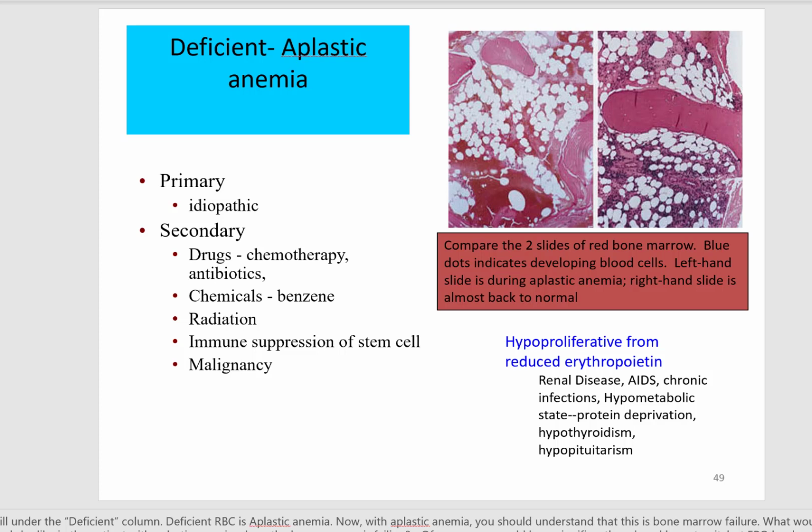When it's primary or idiopathic aplastic anemia, it is bone marrow failure. Maybe there's a genetic disorder with a hemocytoblast. Maybe there is some other causative agent that we have yet to be able to identify.